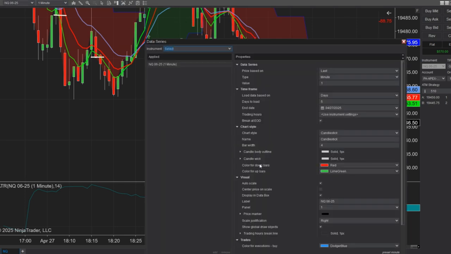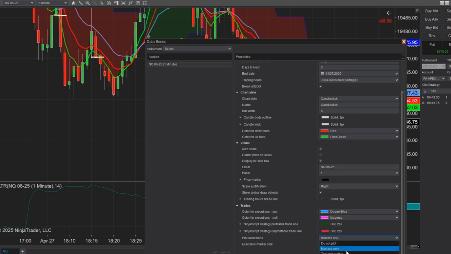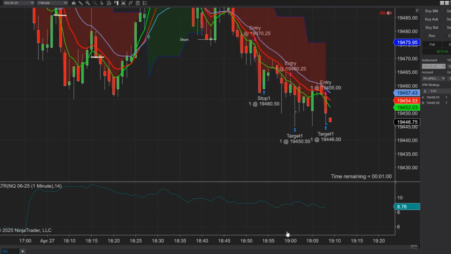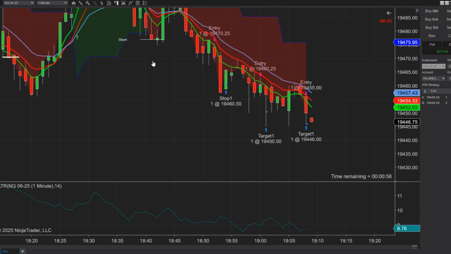I can put the markers on now. There you go. There's my 3 entries. Basically from here to here, from here to here, and this one.